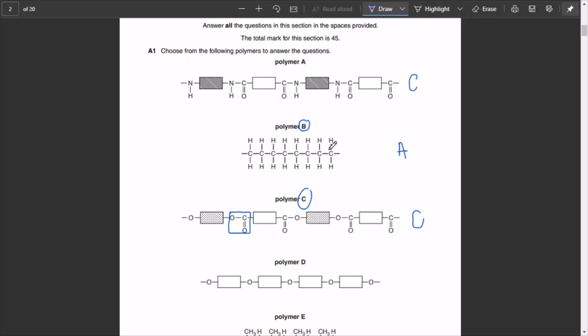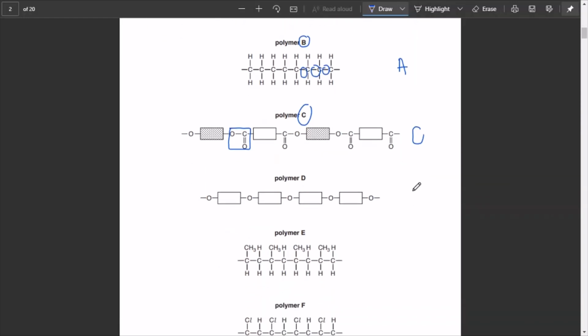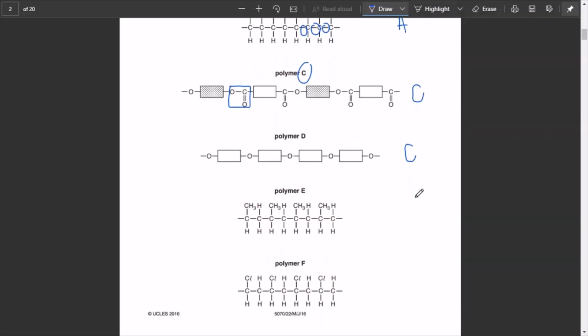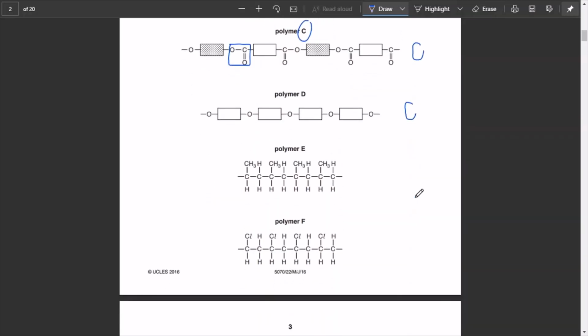See, the property of an addition polymer is that it has single bonds with carbon. Carbon has single bonds, alright? Polymer D is again condensation. Polymer E is addition. See, it has repeat units. If we talk about a single unit, if we just get rid of this and get rid of everything, this is mainly the polymer.